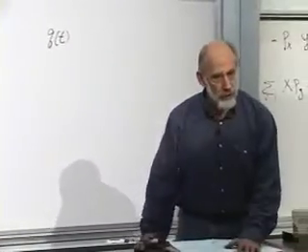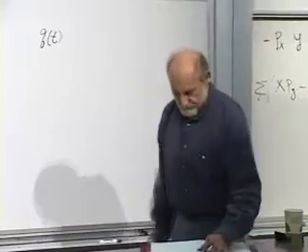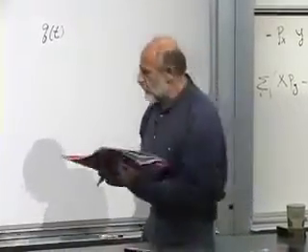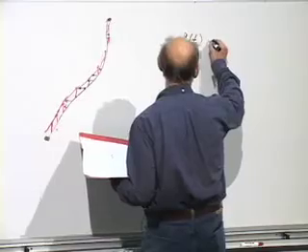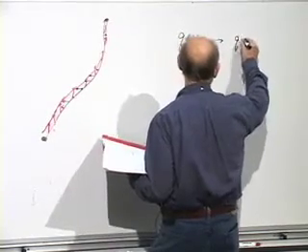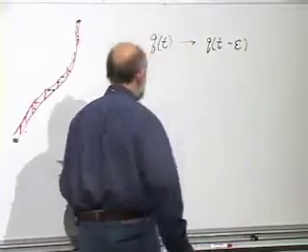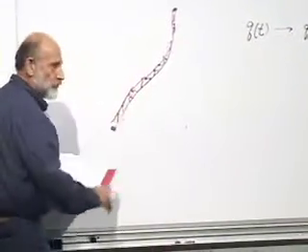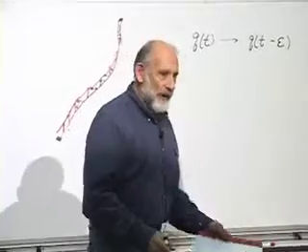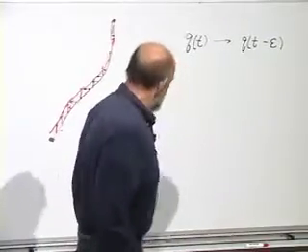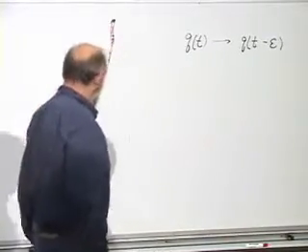What happens to q at each instant of time? Q of t goes to q of t minus epsilon. Epsilon is this fixed amount that you've shifted the trajectory. Why is it minus? Let's come to it. It's actually minus and not plus.